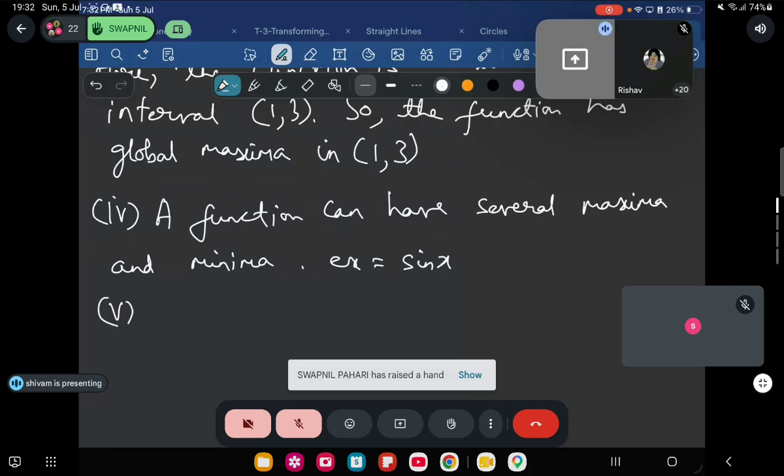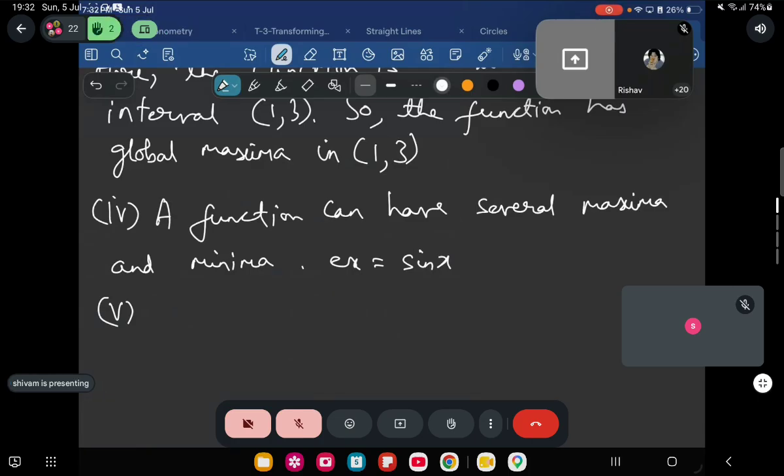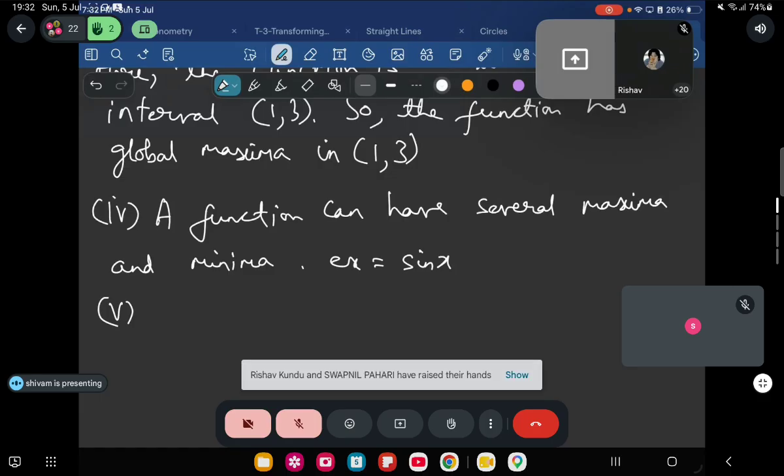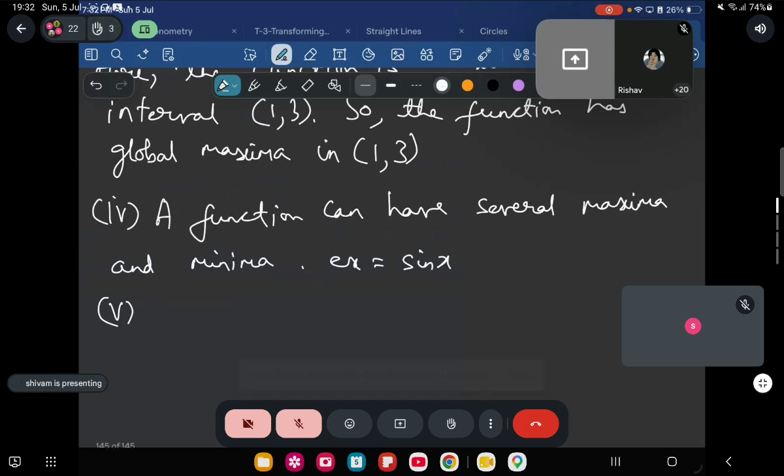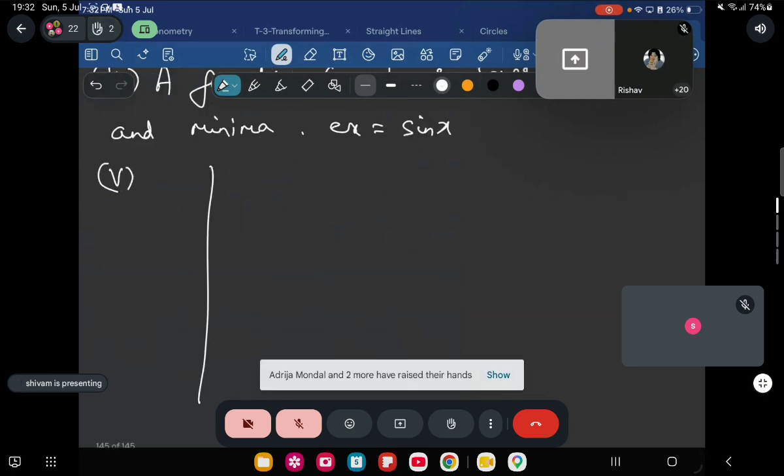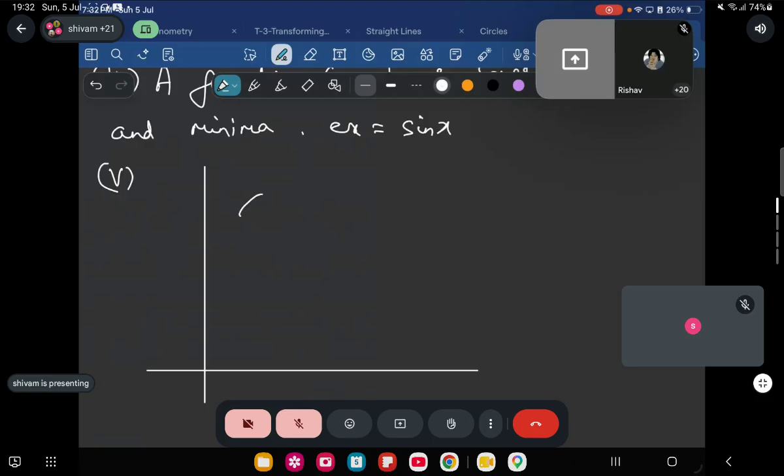Can a local maxima of a function be less than the local minima of the same function? Sir, for any interval. Okay, Rhythm, tell me. Yes, it can happen, right? It can happen. If you draw the graph like this, pay attention.